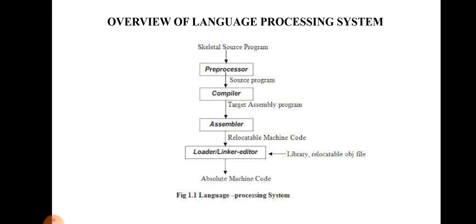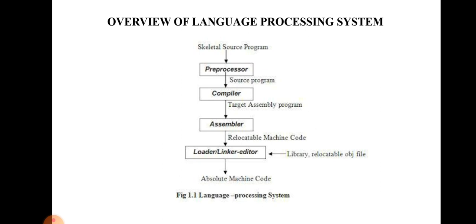That code is given to the link editor because it can be linked by the linker. Finally, the program is loaded into memory for execution by the loader. So the final output is absolute machine code.